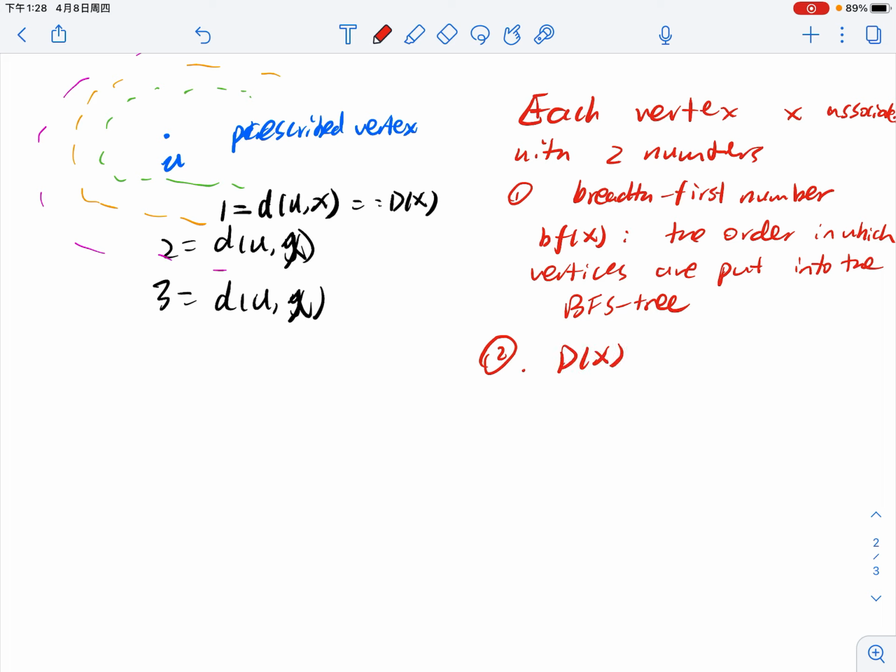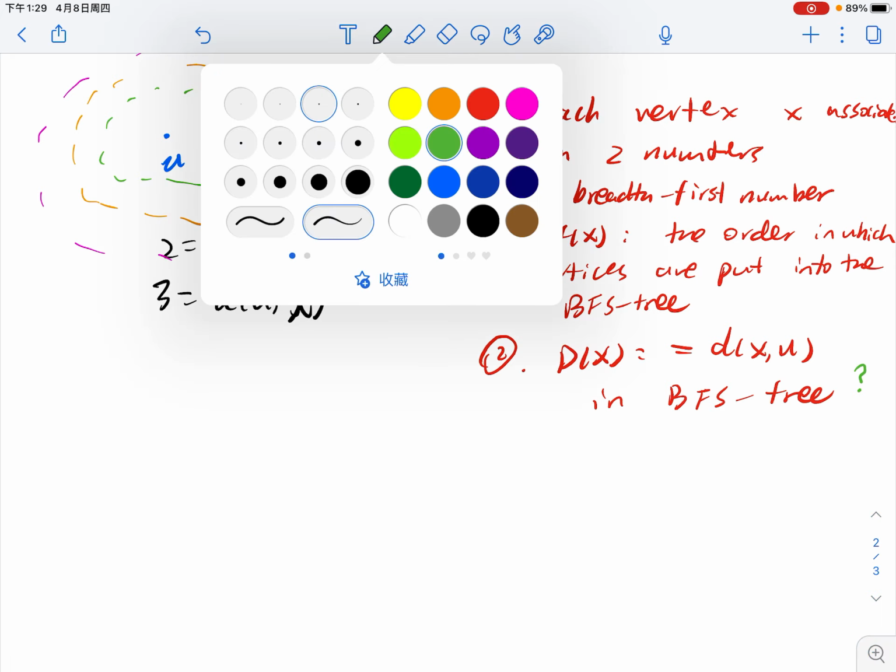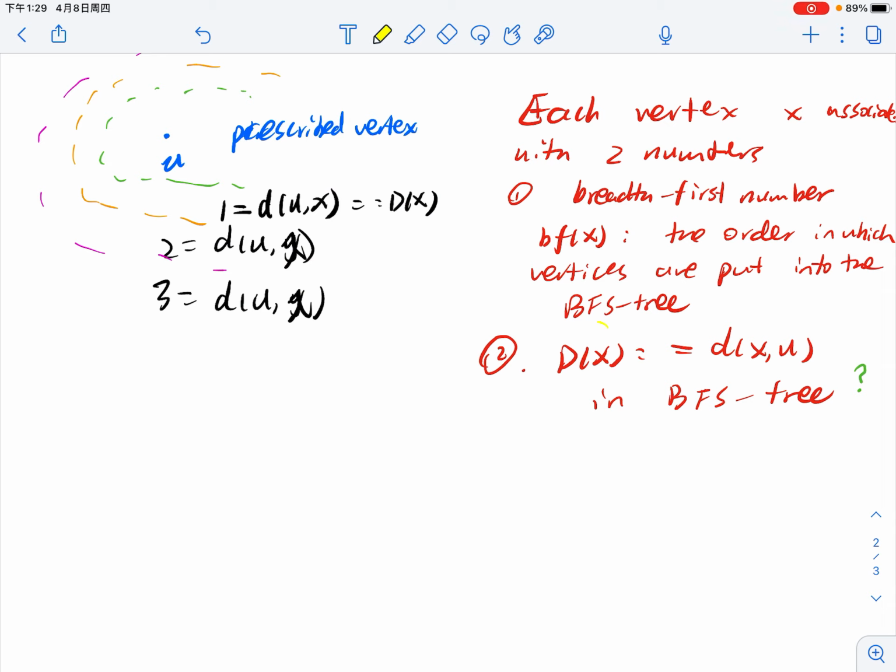And second is d(x), which is the distance of x to u in the BFS tree. Here you may have some confusion, ambiguity on this. We will illustrate this by the theorem in the following. And for the BFS method, d(x) is more important than BF(x).